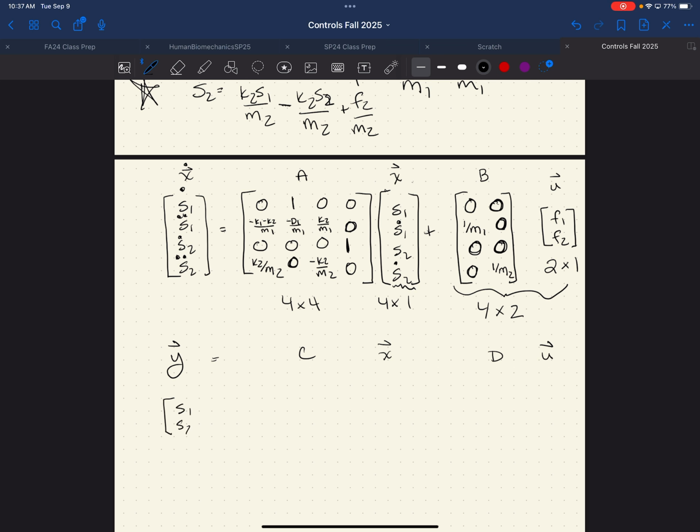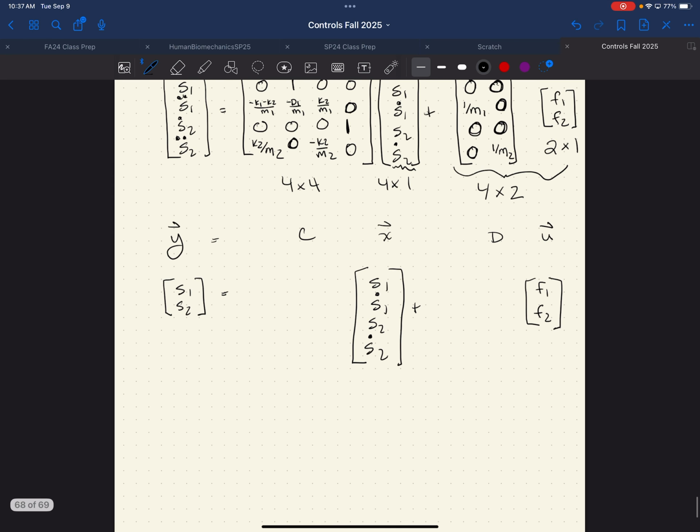S1, S2. I know my X vector is what? Great. I know my U is F1, F2. Good.